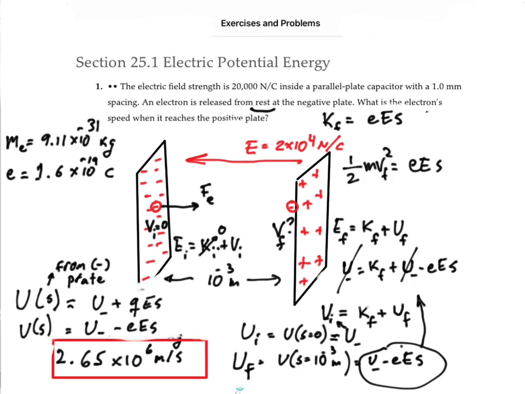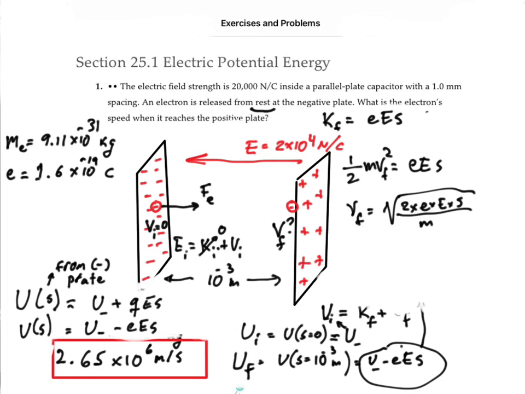Replacing the kinetic energy, which is 1/2 of the mass times the velocity squared, we get 1/2 m v final squared equals E, the charge of an electron, times E times S. Solving for the final velocity, we get the square root of 2 times E times E times S divided by m. Replacing the numbers, we obviously get the same answer as before, which is 2.65 times 10 to the 6 meters per second.